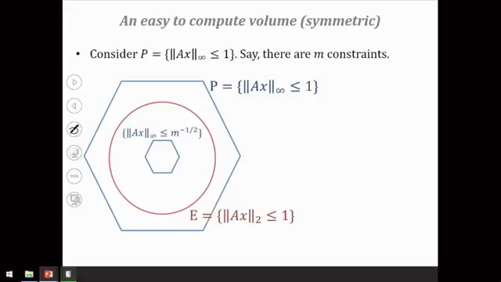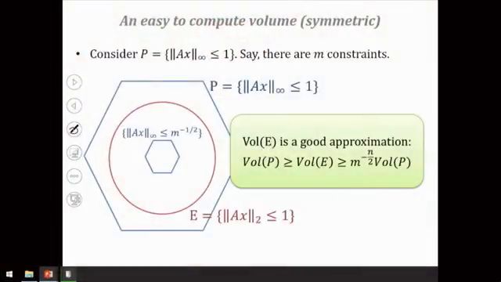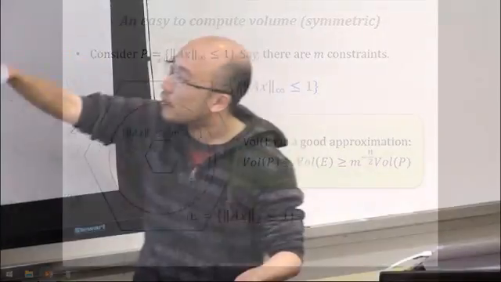And by Cauchy-Schwarz, you know that if you decrease the size of the polytope by square root of m, it will be inside the ellipsoid. So this is a square root of m to the n approximation. If you use the volume of that ellipsoid, this is some exponential approximation of the volume of the original polytope.